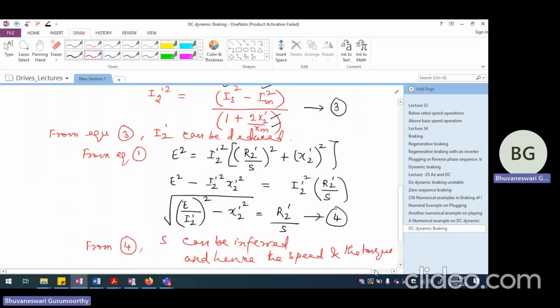So let us try to implement this now. Actually, how we are going to do the calculation, let us see.